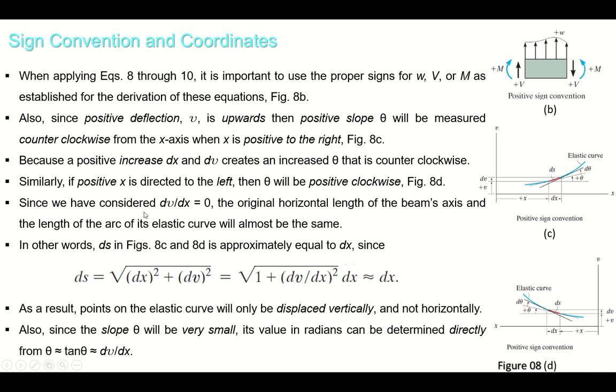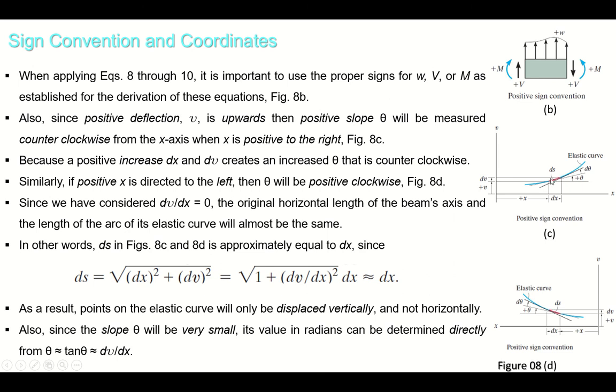Now, since we have considered that d mu over dx is approximately 0, the original horizontal length of the beam's axis and the length of the arc of its elastic curve will almost be the same, because the change in the deflection with respect to x is small. In other words, ds in figure 8c and 8d is approximately equal to dx, right? So your ds, which is the length of this arc, is equal to its horizontal component.